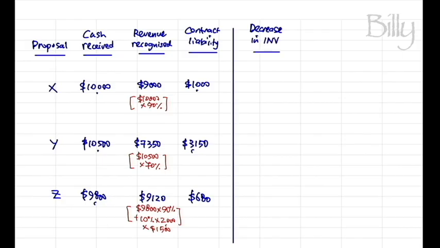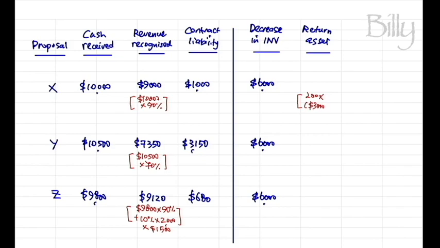There's a decrease in inventory. The cost of these 2,000 units of tables is $6,000. We must take it out of inventory. Some of this will be subject to return. We call this the return asset, after accounting for refurbishing costs. For Proposal X, we expect 10% to return, which is 200 units of tables, and the cost per table is $3,000.